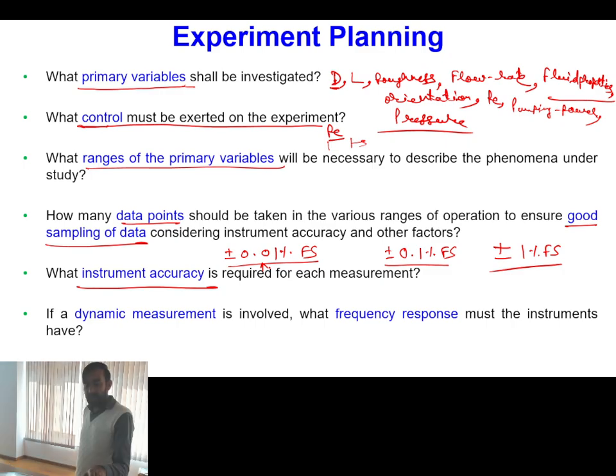So based on that you have to make a judicious call in order to decide the instrument. After that you also have to understand whether dynamic measurement is involved or not.